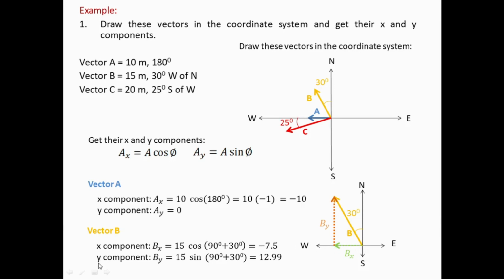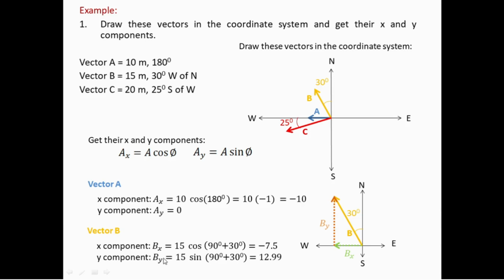Now, how about the y component of vector b? The same equation is used, this one. All we have to do is to multiply the magnitude of vector b, which is 15 meters, by the sine of the reference angle, which is again 120 degrees. So 15 times the sine of 120 degrees is just equal to positive 12.99 meters.